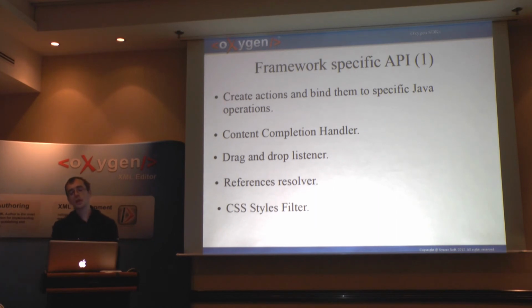There is a lot of API on this side. You have a content completion handler which can be added. Let's say you do not want to show the user all the elements available from the schema. For example, we have users who use DITA, and they say we do not want end users to enter the bold element.